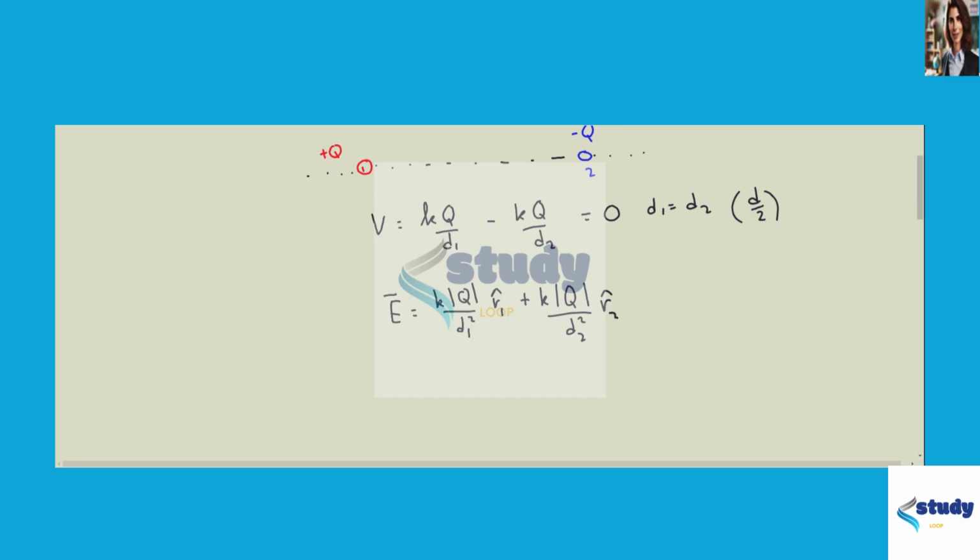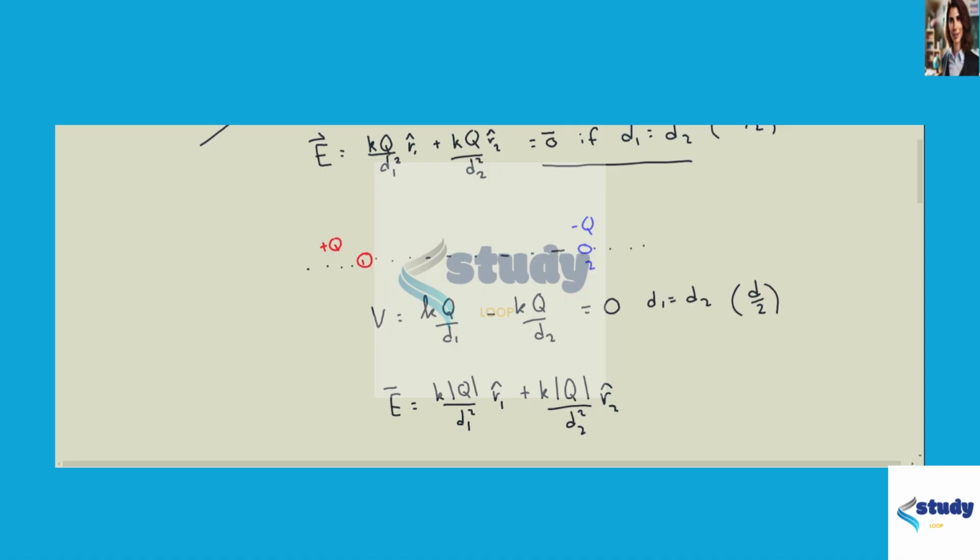In between the two charges, let's just grab some point in between. For electric field 1, it will point to the right, and for electric field 2 as well. And so those are going to add together, and there's no way they can cancel.